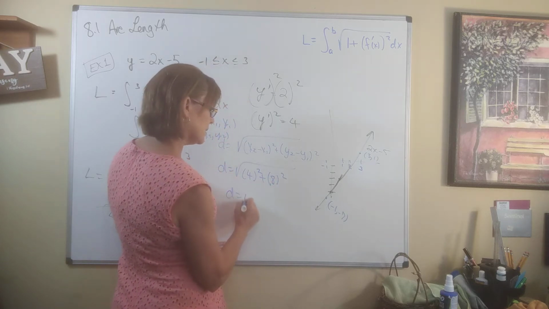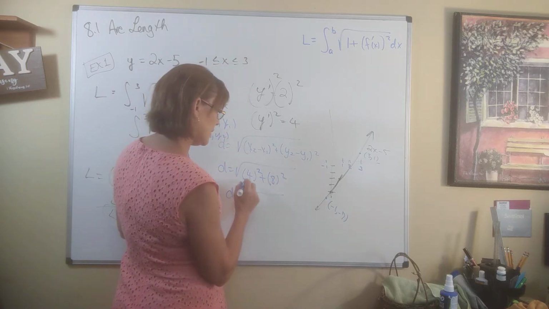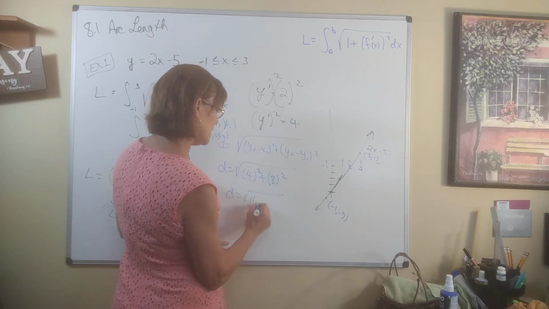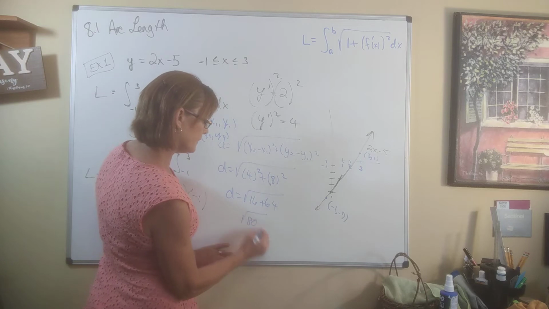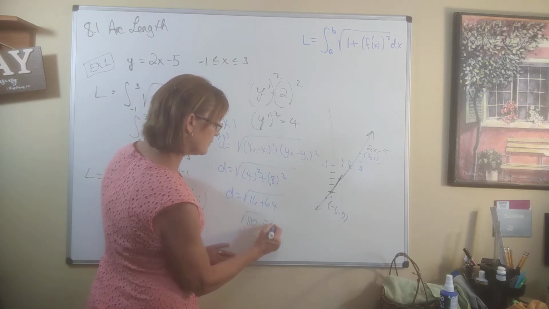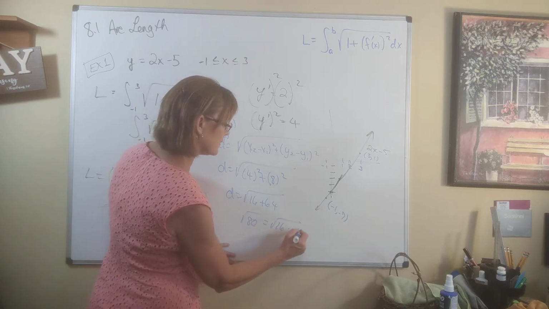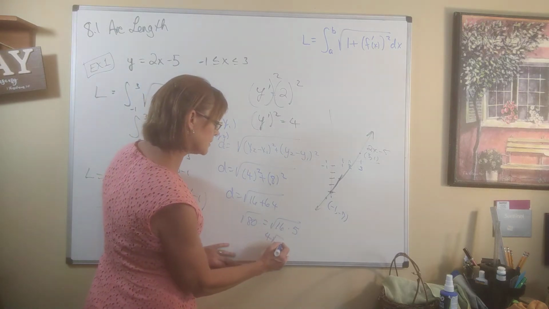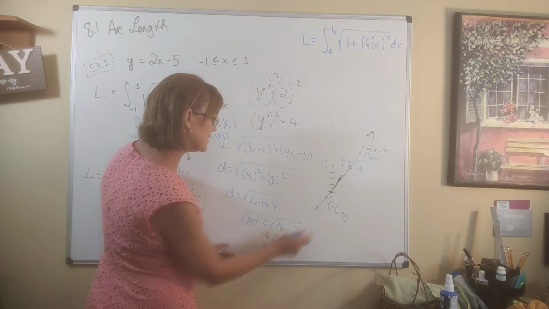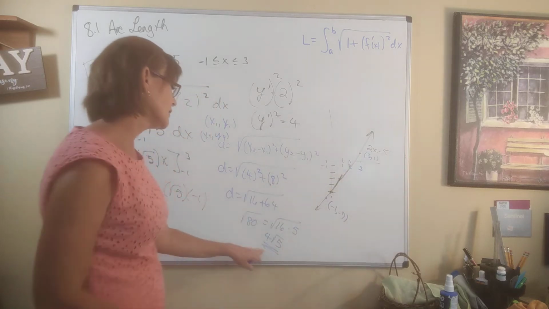The distance between these points is going to be the square root of 16 plus 64, or the square root of 80. But 80 can be rewritten as 16 times 5. And you can take the square root of 16, which is a 4, times the square root of 5. And so we find out that the distance between these 2 points is 4 square root of 5.